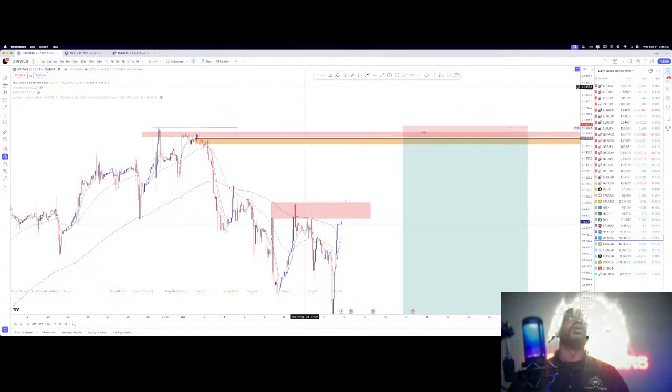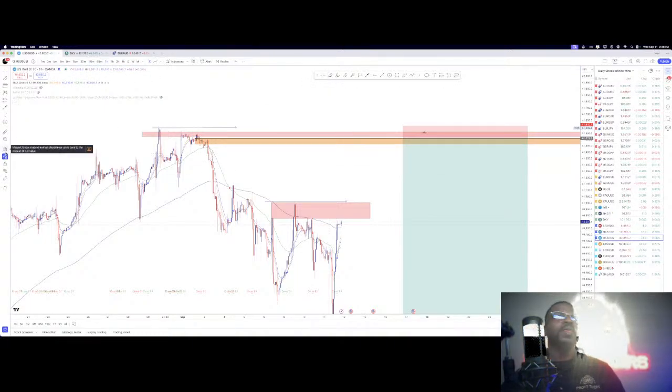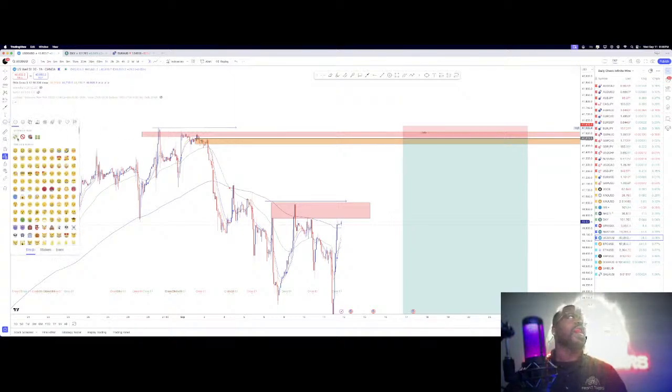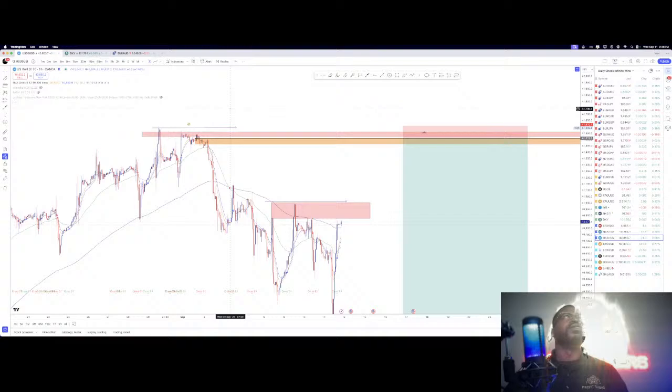Do have liquidity over there on the smaller time frames, so the chance of seeing a higher high on US 30 is also possible. So this is the thing with trading.